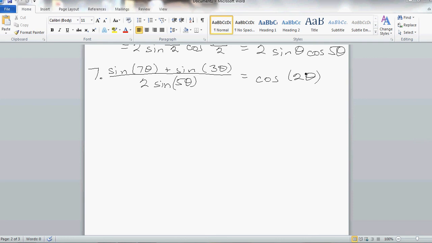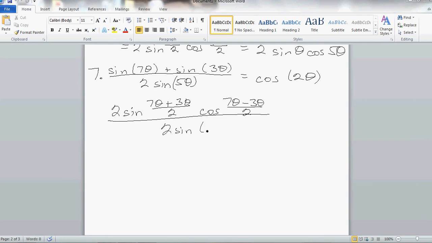And so we can use that, and that will be 2 sine of 7 theta plus 3 theta, all over 2, cosine of 7 theta minus 3 theta, all over 2, all over 2 sine of 5 theta.